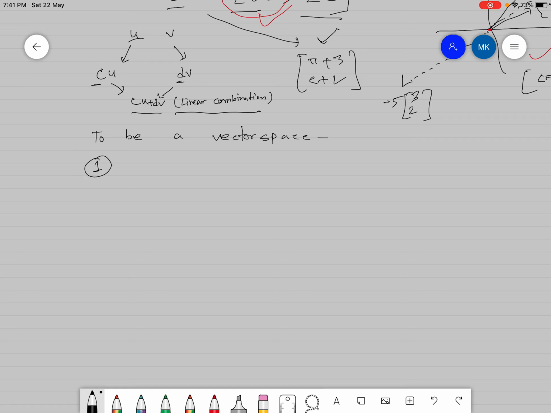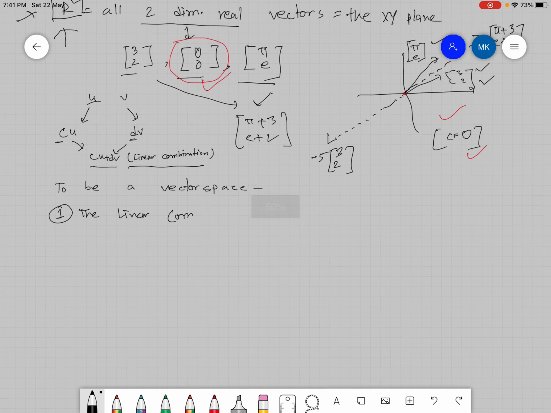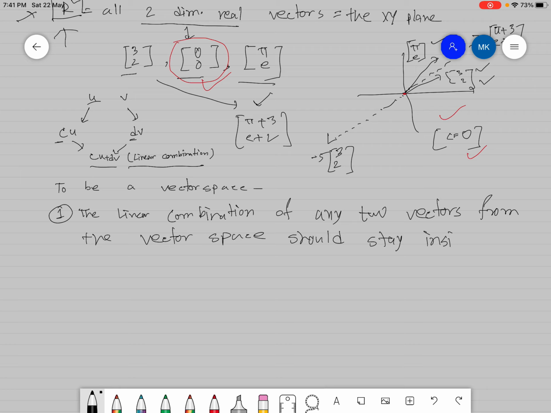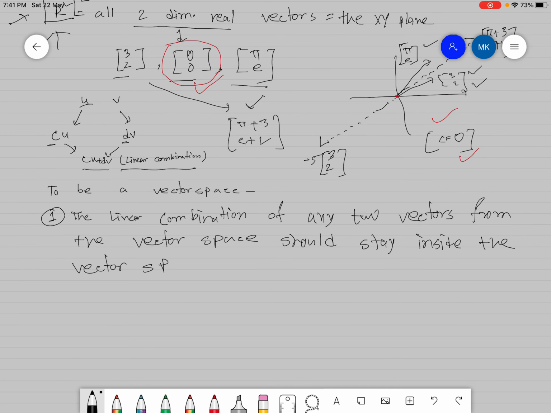The first one is the linear combination of any two vectors from the vector space should stay inside the vector space, or should remain inside the space.